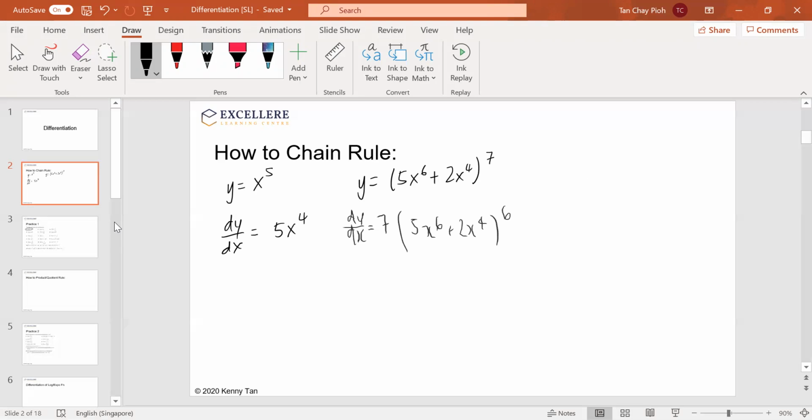Do you do the inside? No, leave it. You have to multiply by the differential on the outside. So you have 30x plus. Correct.